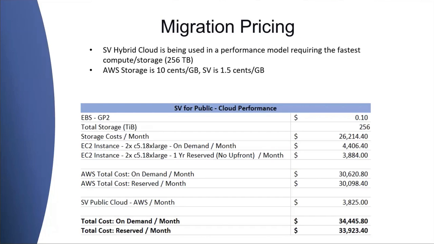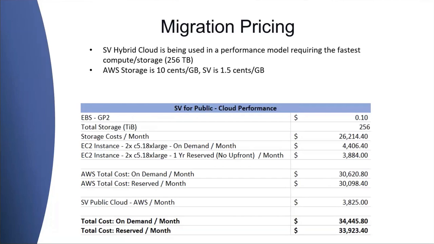In this example, we used 256 terabytes of capacity. Here is all-encompassing for this particular scenario. It includes the compute for Spectrum Virtualize, the EBS storage for Spectrum Virtualize, and the Spectrum Virtualize software licensing that Michelle had mentioned up front.